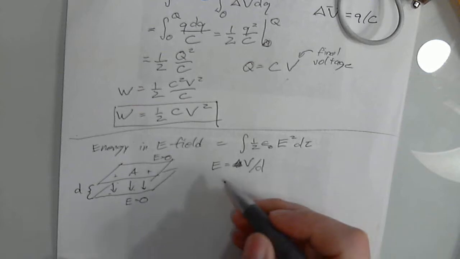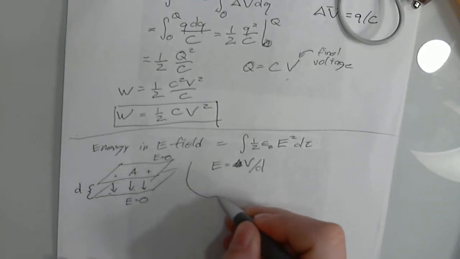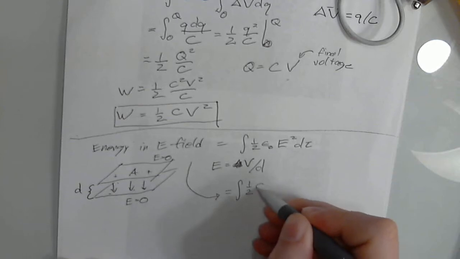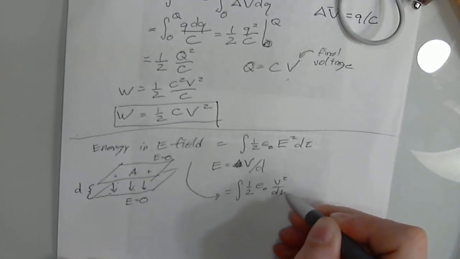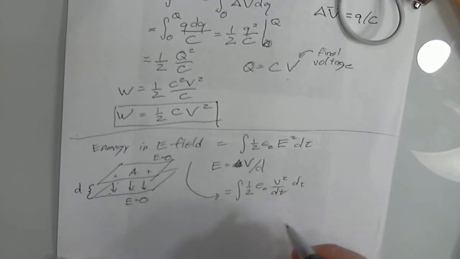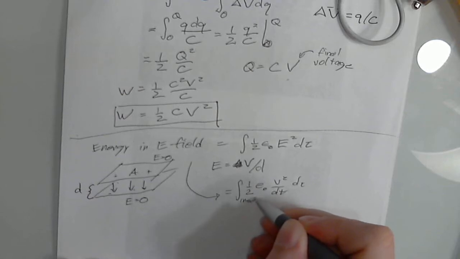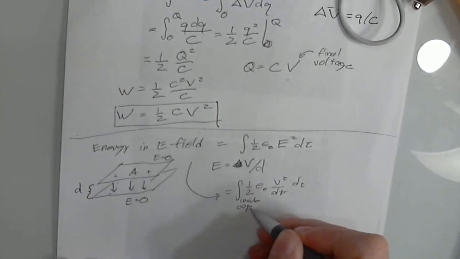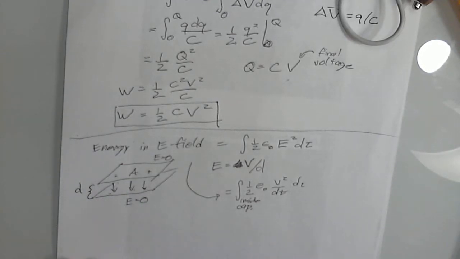And so what we need to do is, energy in the electric field is equal to the integral of 1/2 epsilon naught V squared over d squared d tau, integrating over the inside of the capacitor, by which I mean the volume that's contained between the two plates.